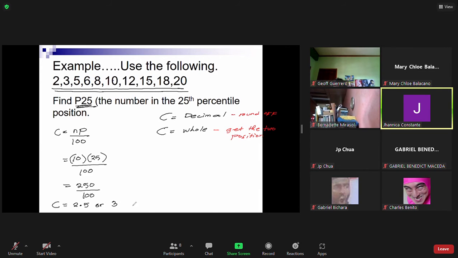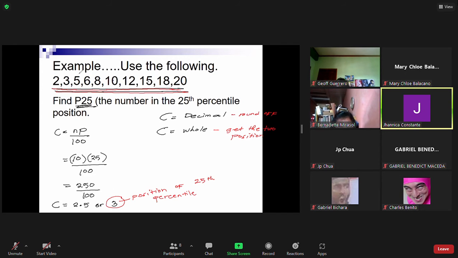So that means this 3 is the position of our 25th percentile. To give the exact value of the 25th percentile in the set of data that we have, we're going to locate the number that is in the third position.